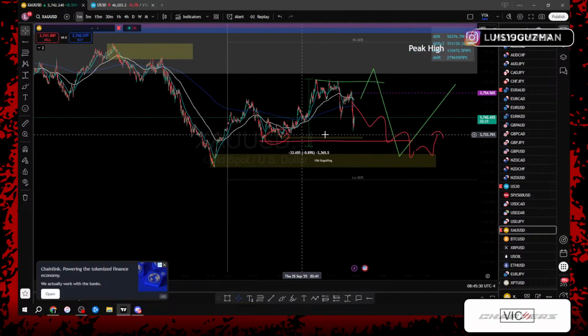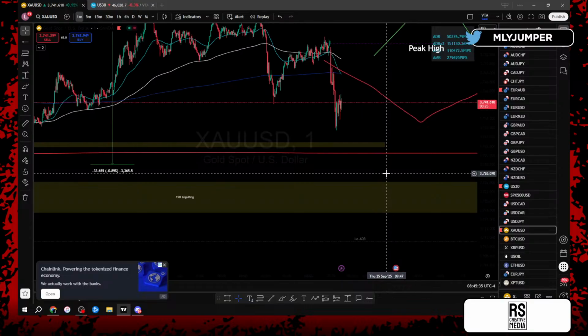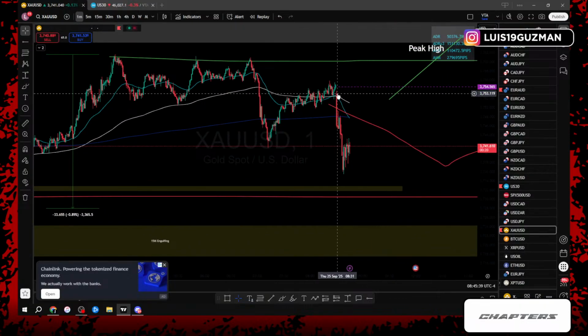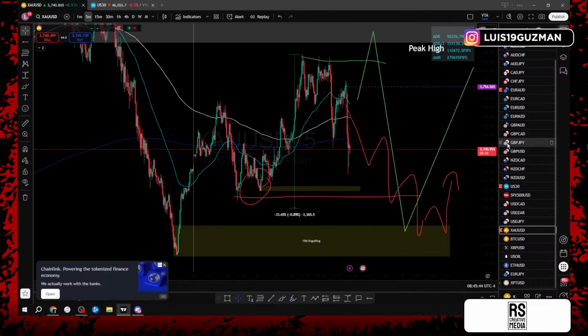So we don't even have 1-minute time frame structure to really take note on. So it's based on just candlestick analysis pretty much on the 1-minute, and then looking at these gaps.